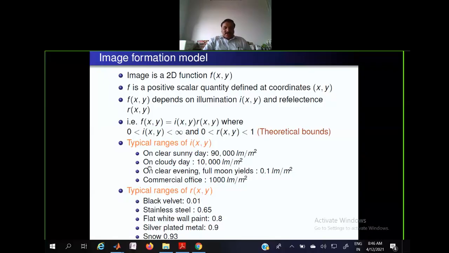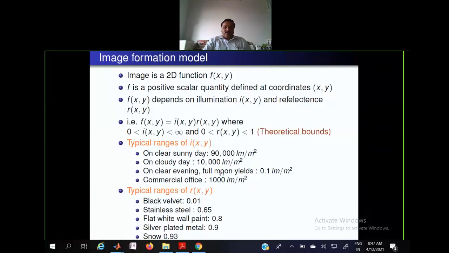Now the typical ranges, just to understand, on a clear sunny day, I think today in Tumkur it is a clear sunny day. Usually in summer that is how it is. Normally the illumination is about 90,000 lumens per meter square. This is normally a typical value. If it is a cloudy day, then around 10,000 lumens.